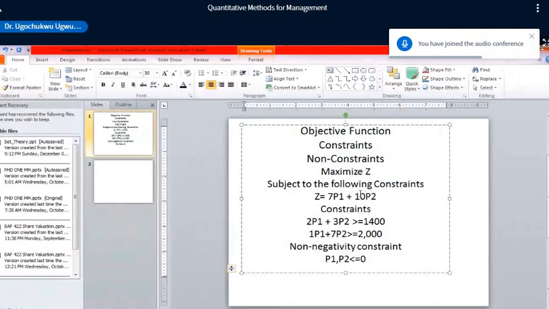That means the maximum you can produce for A is 80. Now if you assume that A is 0, what will be the maximum you can produce for B? It will be 400 divided by 4, which is 100. So the maximum you can produce for B is 100.